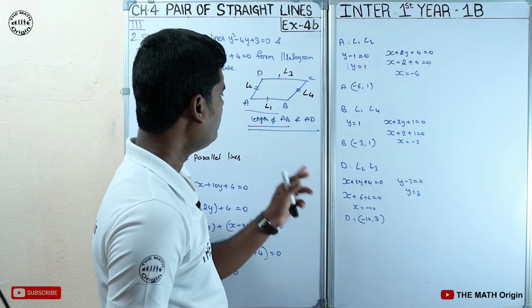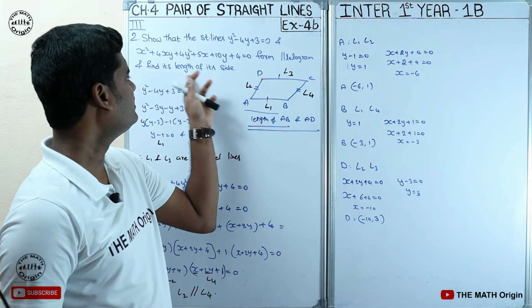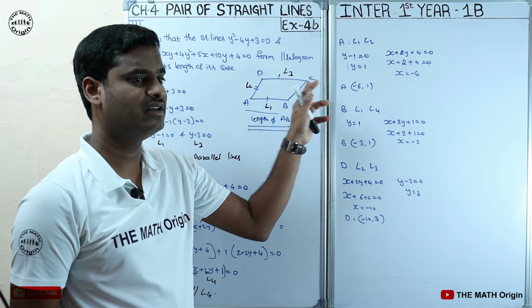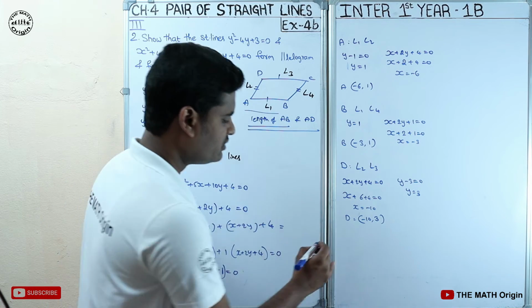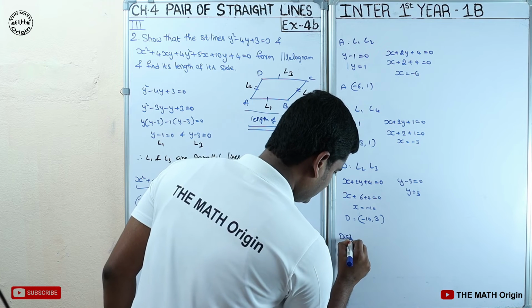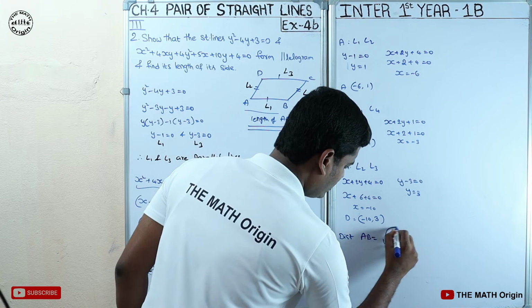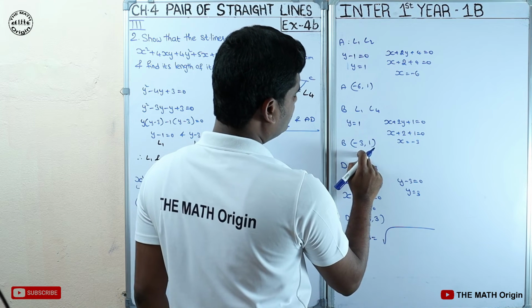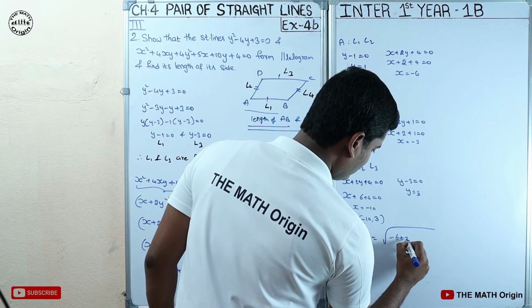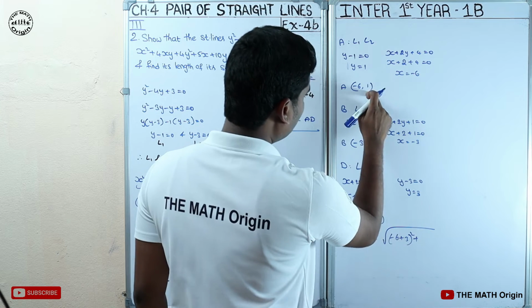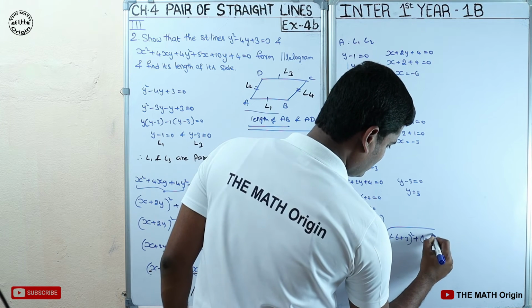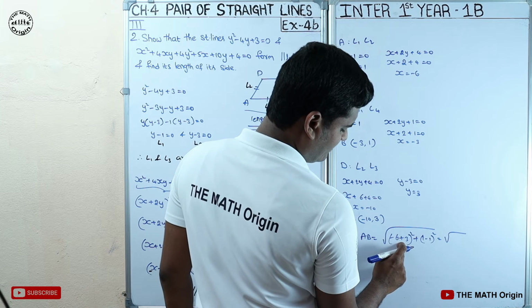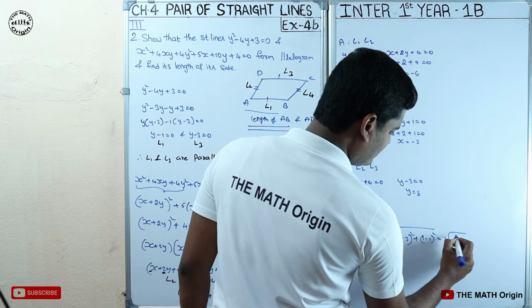Okay, now we need to find out the length of its sides. So AB is equal to CD and AD is equal to BC. Therefore the distance AB equals root of (x1 minus x2) whole square, meaning (minus 6 minus of minus 3) whole square plus (1 minus 1) whole square, which equals root of (minus 6 plus 3 is minus 3) whole square.